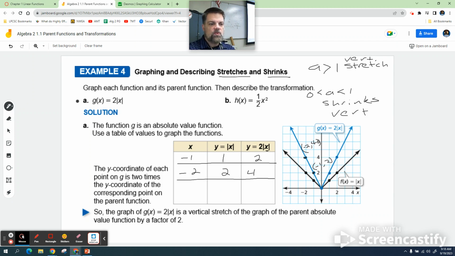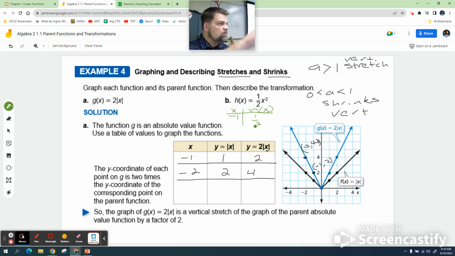Now let's look at this one. Let's graph this one, okay? If I do this with 1/2, when I say x, y, or h of x, sorry. If I plug in -1, what's -1 squared? It'd be a +1, and then multiplied by 1/2, so that would be 1/2.